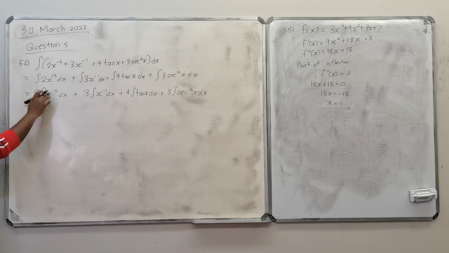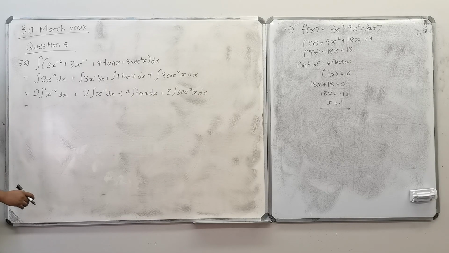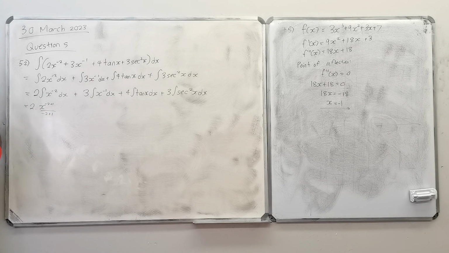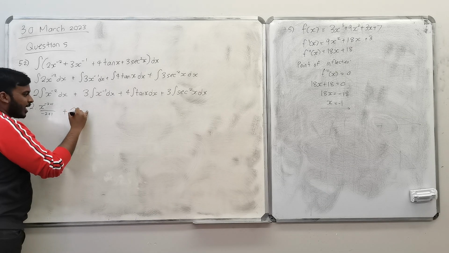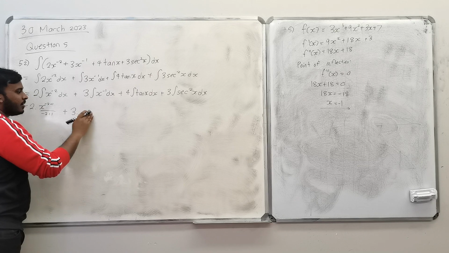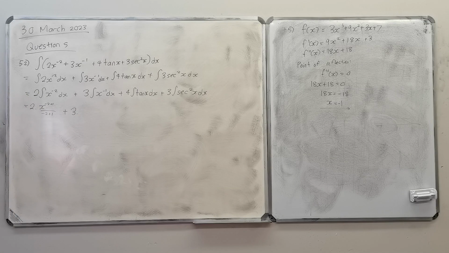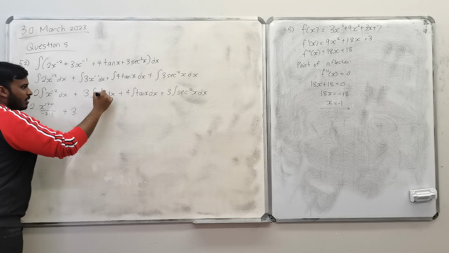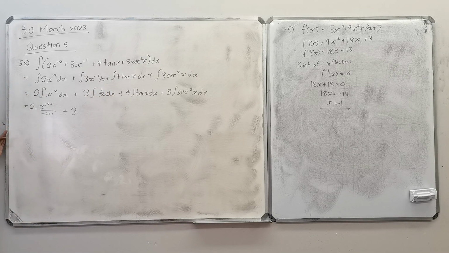This is the integral of x to the power n, so it's 2 times x to the power minus 2 plus 1 all over minus 2 plus 1, plus 3 times x to the power minus 1. Remember, x to the minus 1 is what? 1 over x. Remember on Monday we did e to the x and 1 over x.